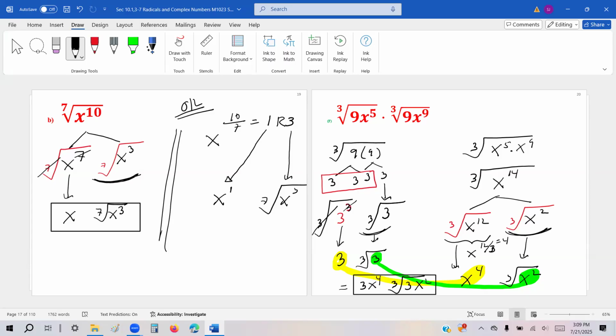Can you show the other? Here, let me do it here. We have x to the 14, so it's x to the 14 over 3. 3 goes into 14 4 times, which is 12, and we have remainder 2.